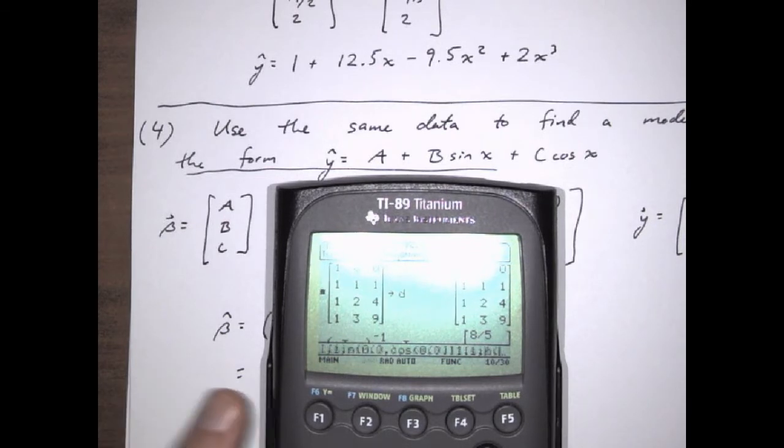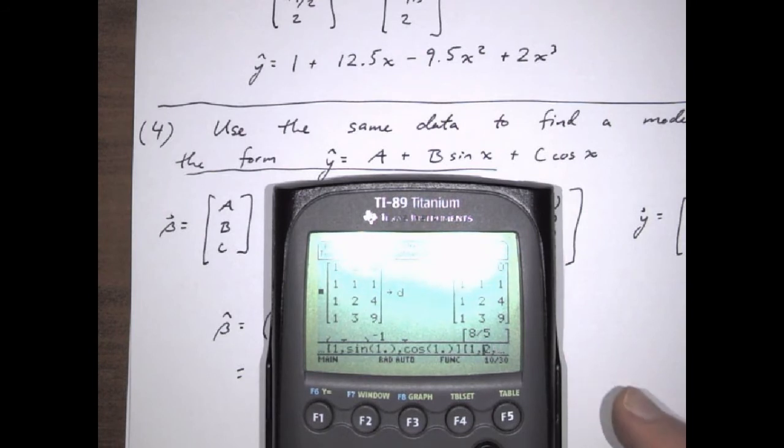Then we have sine 1 and cosine 1. I don't want it to give me crazy exact answers, that's why I'm putting these decimal points on there. We have sine 2 and cosine 2.